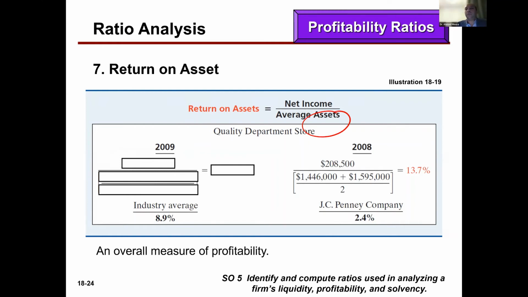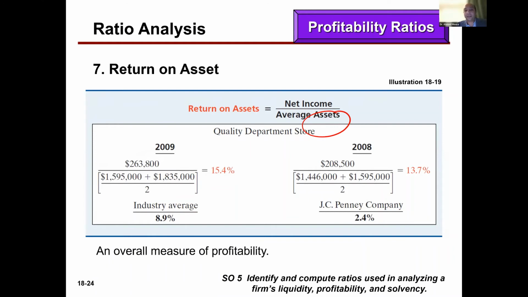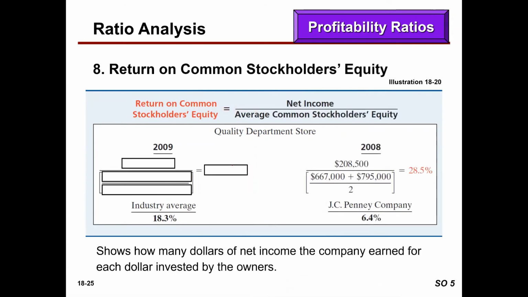Now, what is the percentage of return on these assets? You just divide net income by average assets. It shows you generated 15%. It's the same as making any investment. You buy land and rent it out and it generates income. You divide the income by the cost of the land, and it shows you the return on investment.